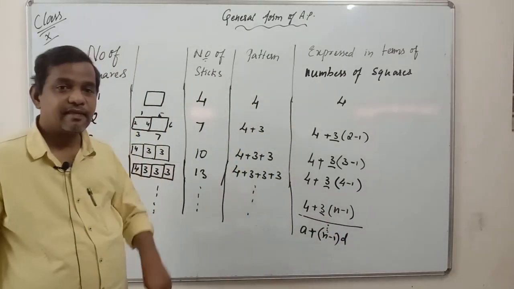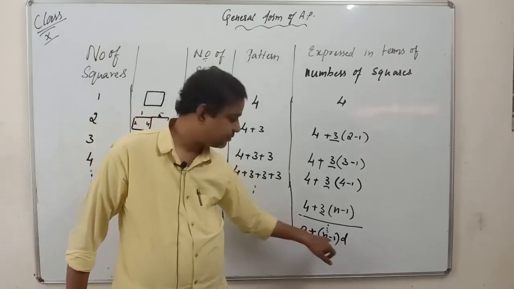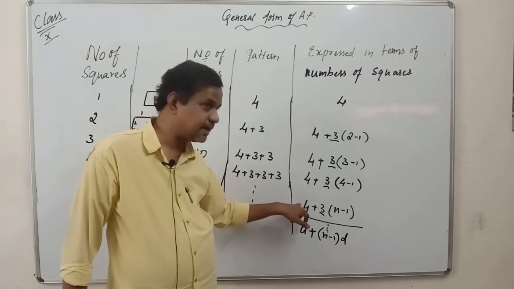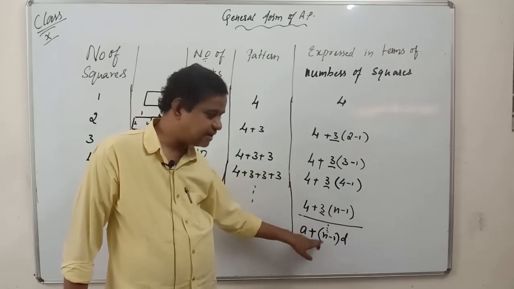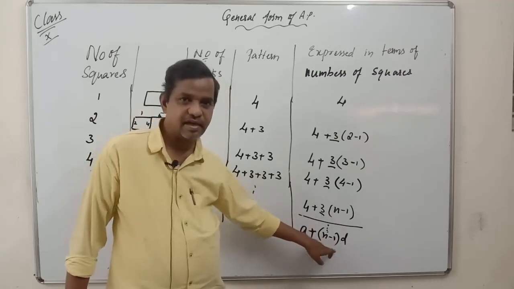So the general form is A plus n minus 1 D, where A is the first term, which is 4, and n minus 1 I am writing as it is. Instead of writing 3 here, I am writing D here. Multiplication we can write anywhere because it is convenient.